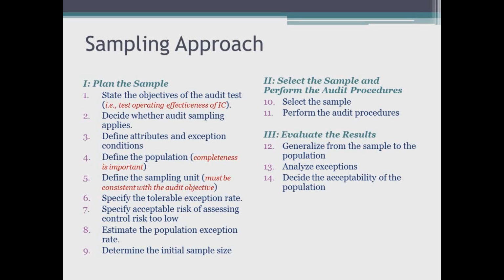Again, it's the sampling data sheet, but now the tests have been performed, right? They've selected the sample, performed the audit procedures, and now what this table is doing is evaluating the results. So it's identifying what the results are of testing each of these attributes. And so if you look, for example, at the first attribute, the sample size was 75. That was the initial sample size. It remained unchanged, 75. There were no exceptions.